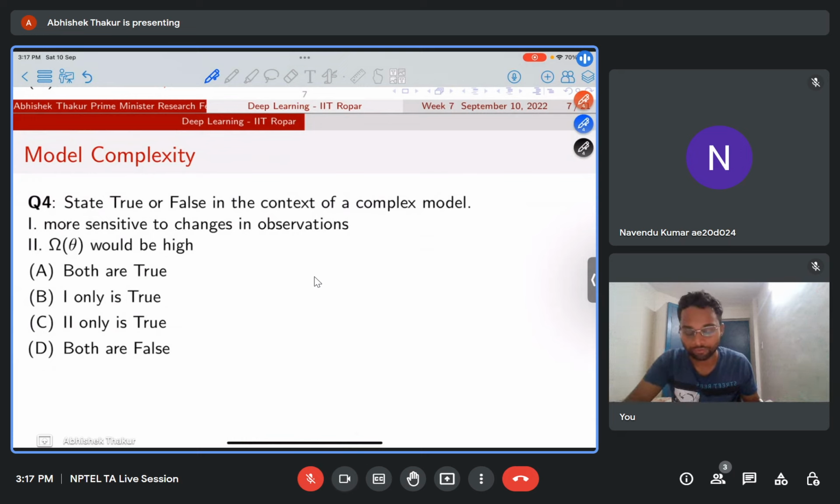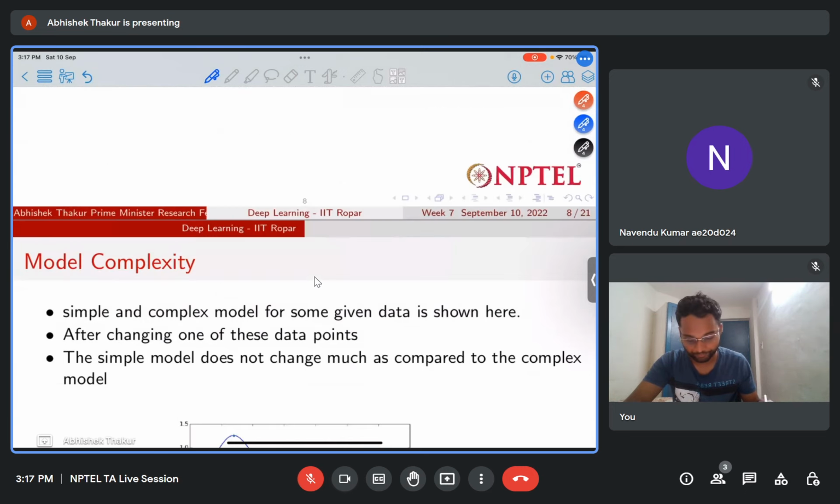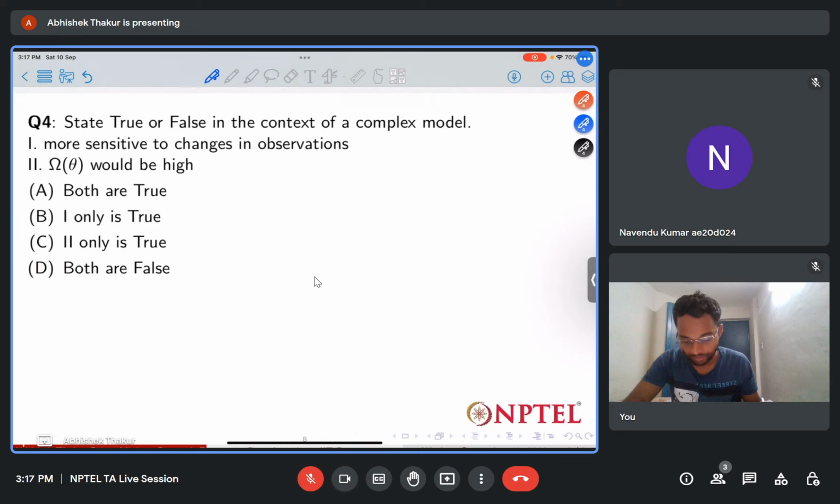So coming to the fourth question, state true or false in the context of a complex model: one, it is more sensitive to changes in observation, and two, omega theta would be high. Okay.